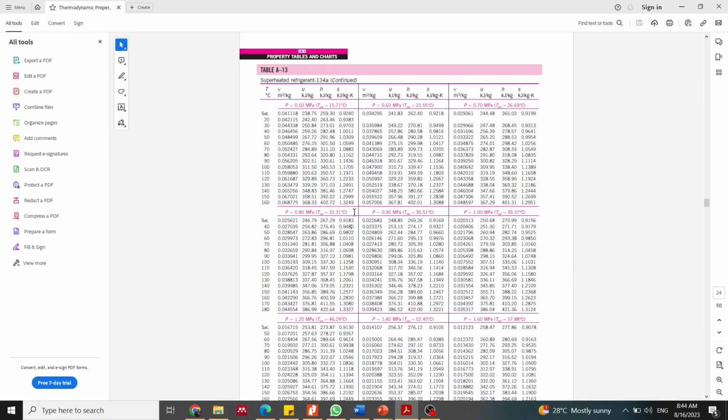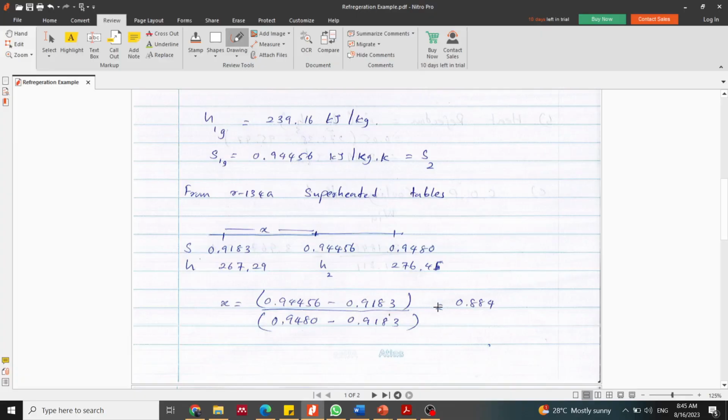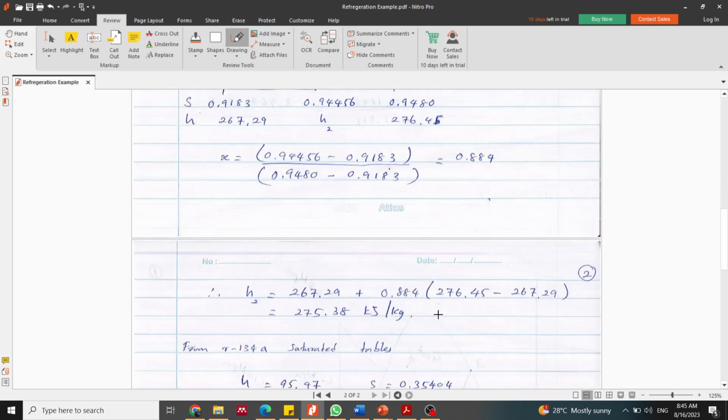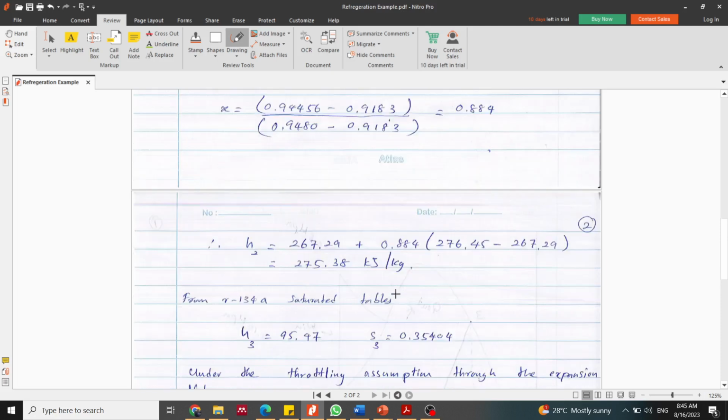This is the upper limit, this is the lower limit. Since we know the X value, that means the portion, we can calculate the H2 value. So H2 becomes 275.38. So we know H1 and H2.